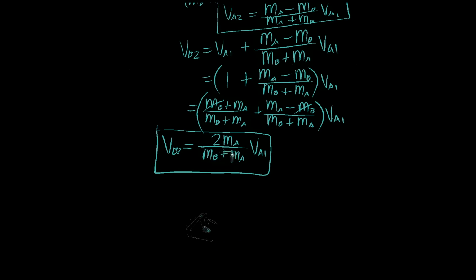So it would be MA plus MA, and then that's 2MA over 2MA, so that's 1. And so then VB2 is equal to VA1. What does that mean? That means that A came to a complete stop at impact, and B now has the same velocity that A had. So in other words, B received all of the kinetic energy and left A with none. That's if their masses are equal.